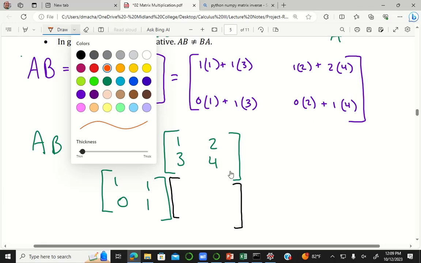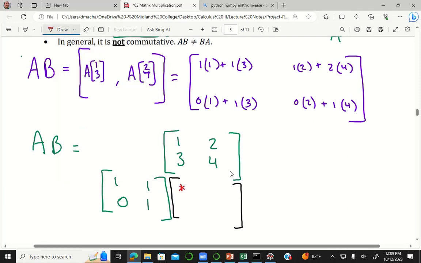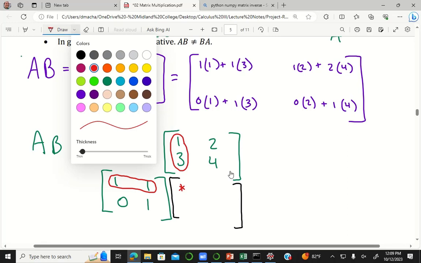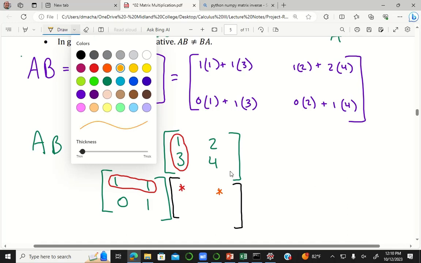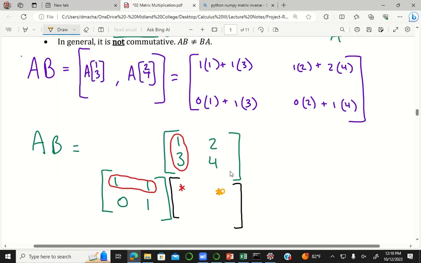And to calculate this entry, you're going to take the dot product of this and this. And to calculate this entry, I don't know if that color is different enough. This entry, you're going to take the dot product of this column and that row.